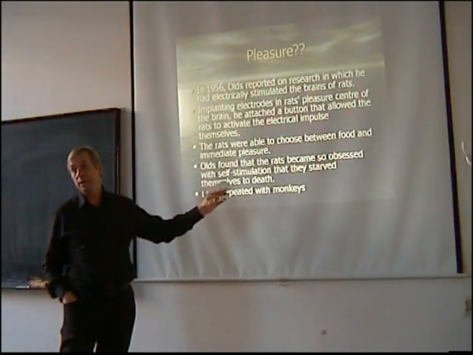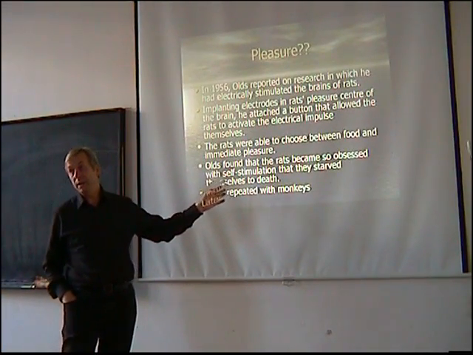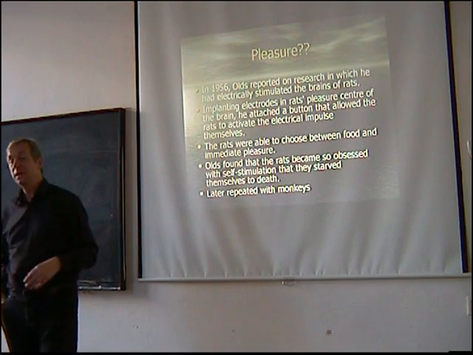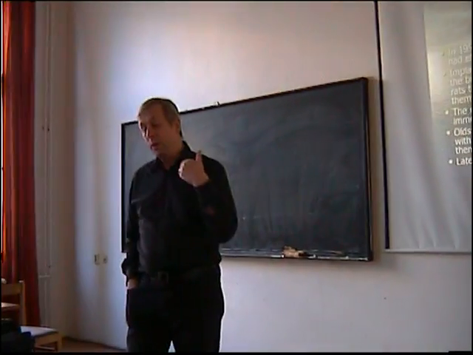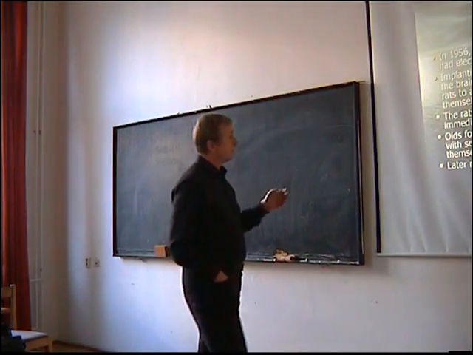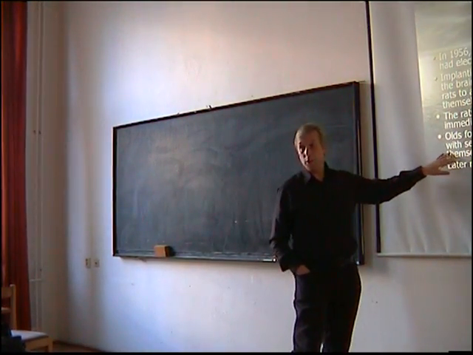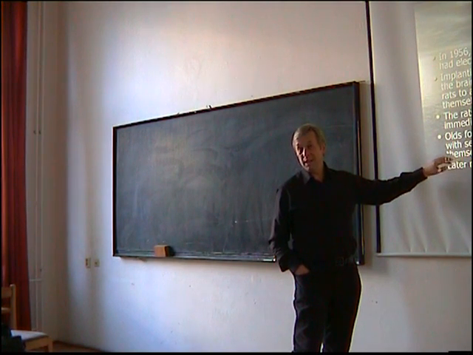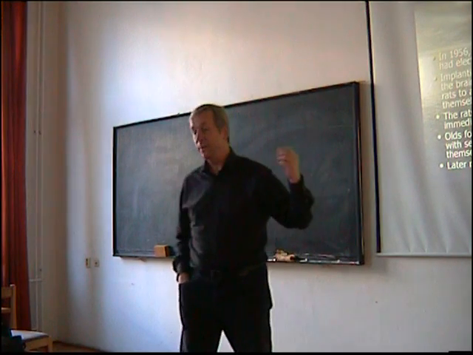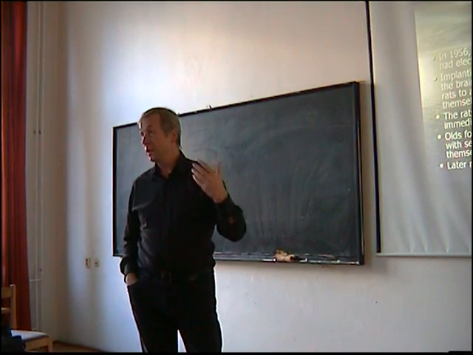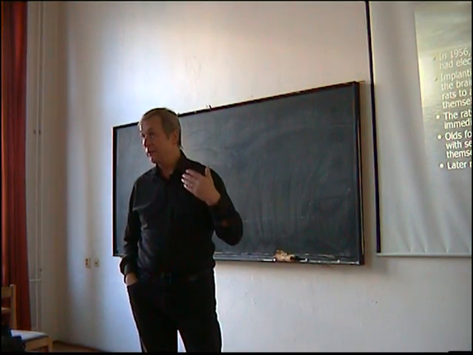Now, I'm not sure that people have done exactly the same experiments on humans, because of ethical issues, I guess. But when you relate this, you think, oh, humans would never be so stupid. But when you look at drugs and so on, and even alcoholism and habits that are formed like that, the person goes for that pleasure fix, even though they're told you're going to die.